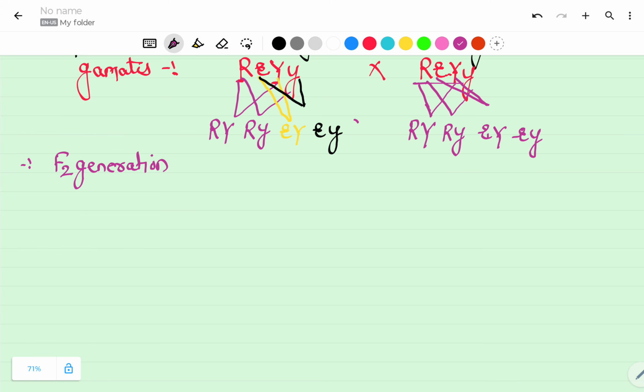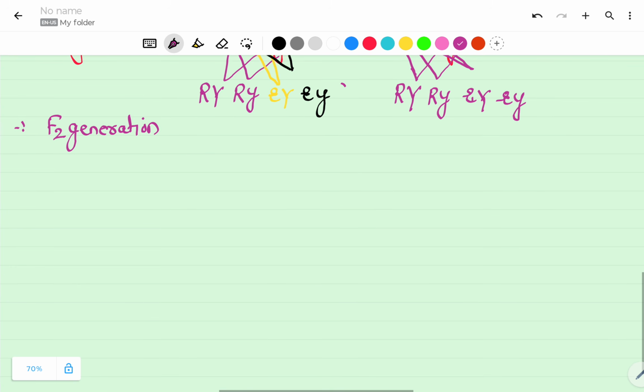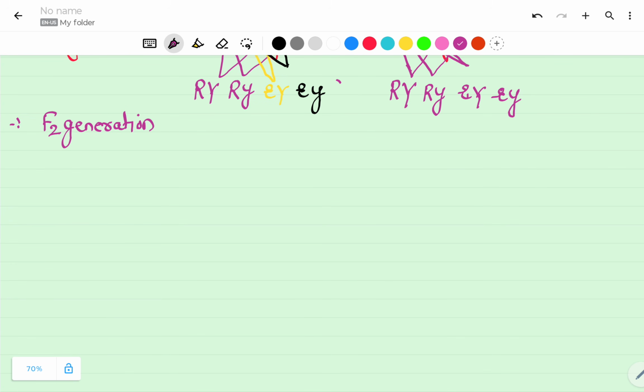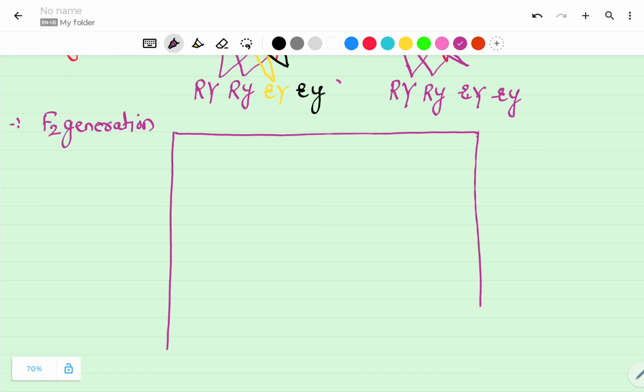We make a checkerboard, a Punnett square, like a square. In this Punnett square we are making 5 columns.